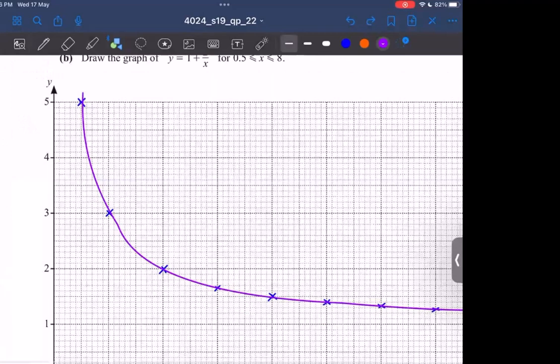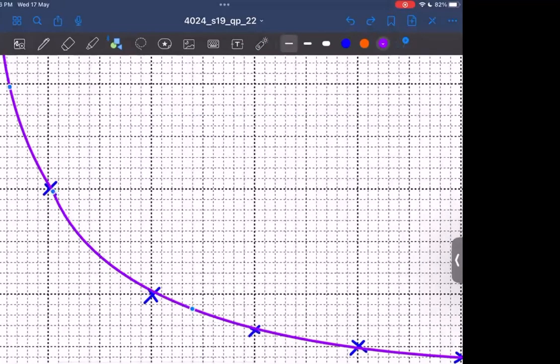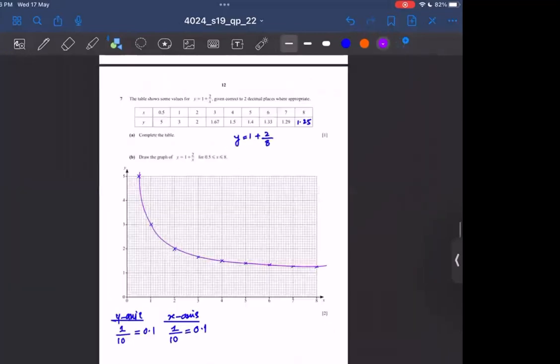Okay, so we got this nice and tidy graph here. A bit turned over here, but that is my software so I cannot help it. Okay? So we got this graph.